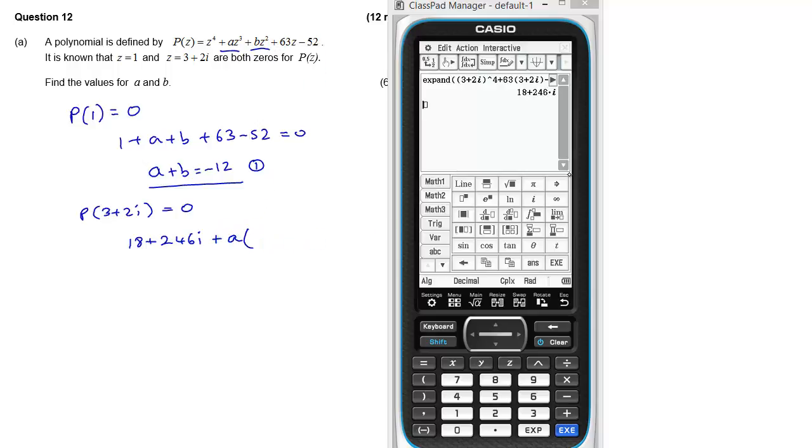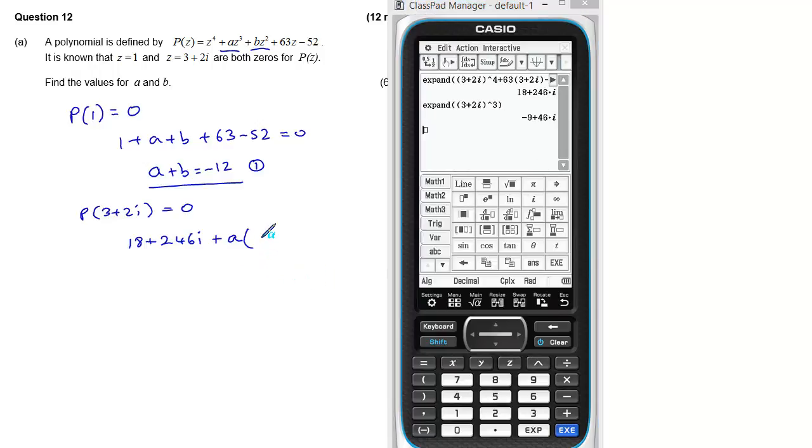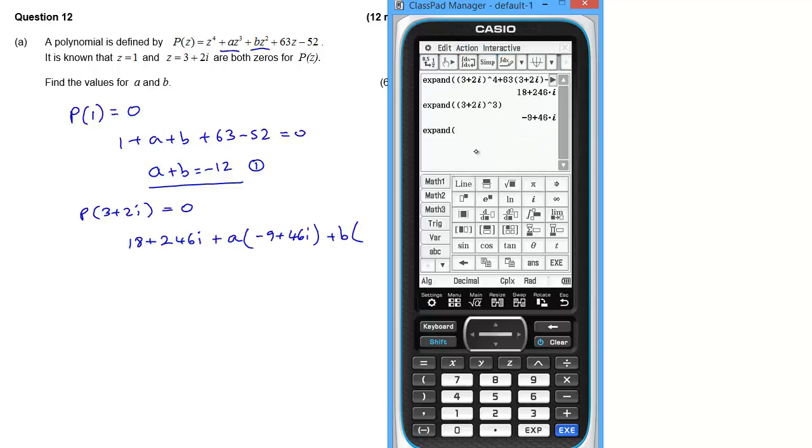And then if we look at these two terms here, so we've got a into, and what we need to do is expand this one cubed. So that's negative 9 add 46i, and then b, that's going to be in expand this one squared this time, 5 plus 12i.